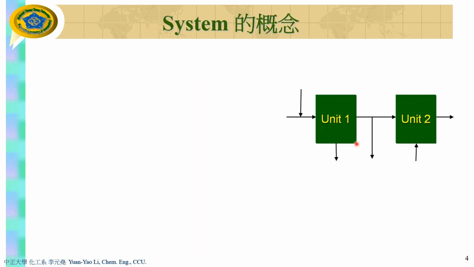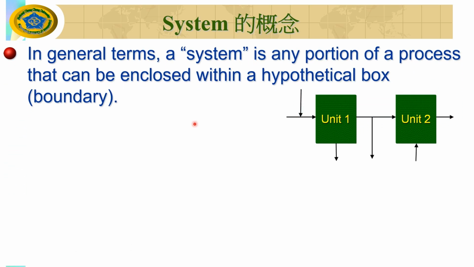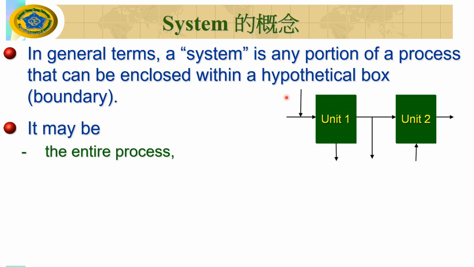So the concept of a system is that, in general terms, a system is any portion of a process that can be enclosed within a hypothetical box. As I just drew a dashed line here, this dashed line is called the hypothetical box. So it may be, as I just told you, the entire process, right?